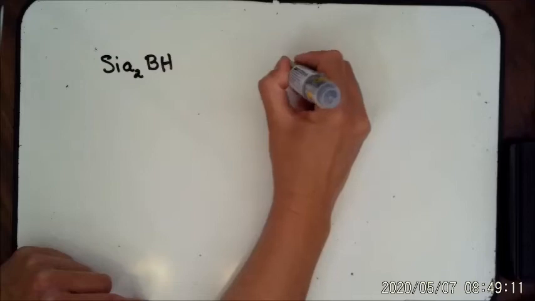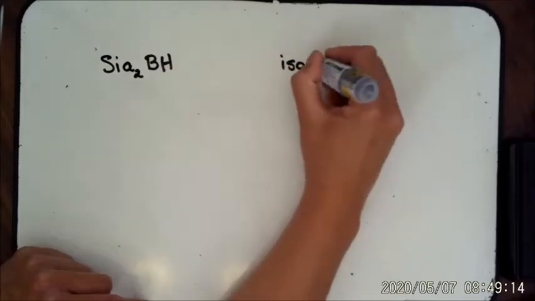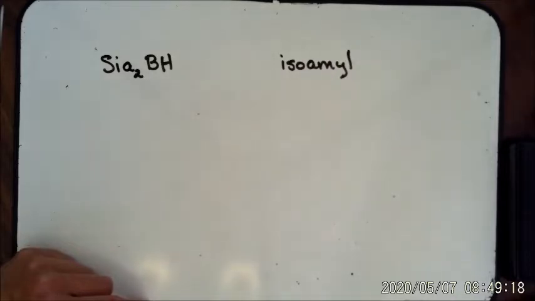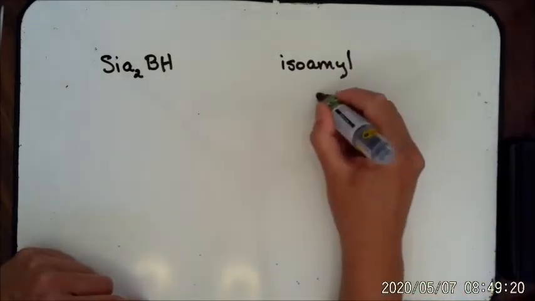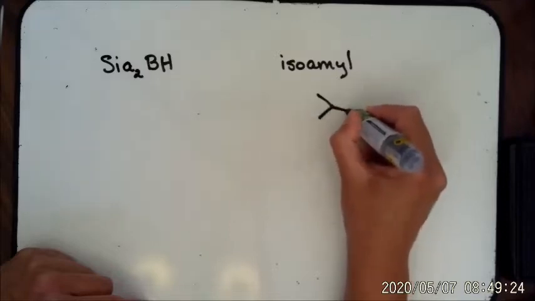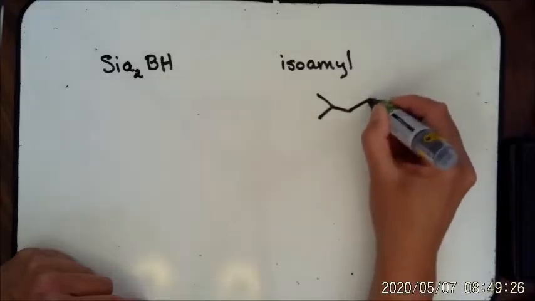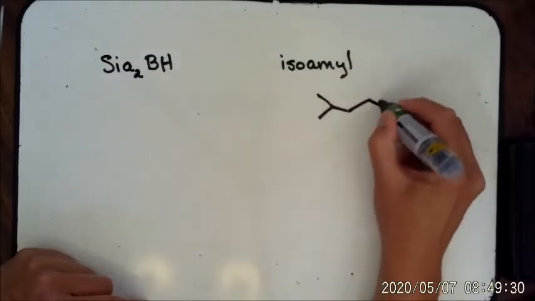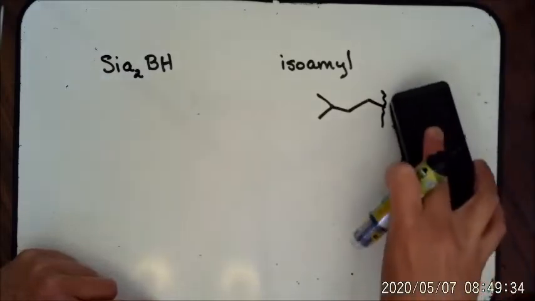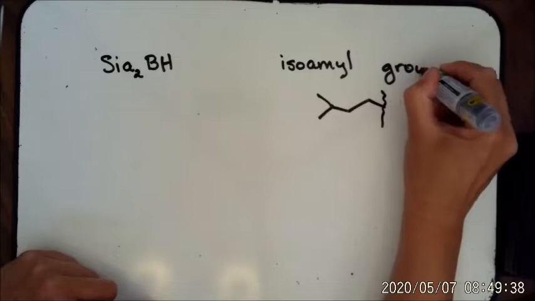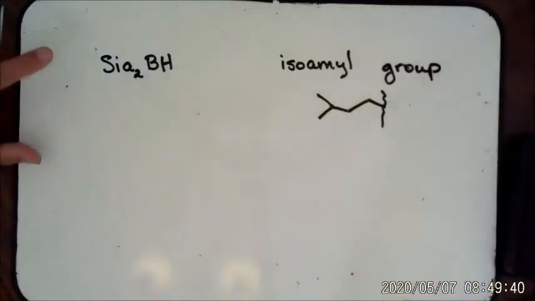So isoamyl is the same as isopentyl. 1, 2, 3, 4, 5. Okay, and then it's attached to something. That's my isoamyl group. So I have 2 of them.